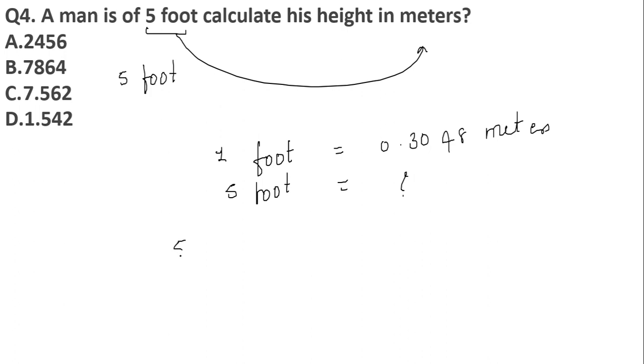After cross multiplication, we get 5 into 0.3048 meters, and after multiplying, we get the answer 1.542. Got it? In this way you have to solve these conversion questions. Simple types of questions will be asked in the examination.